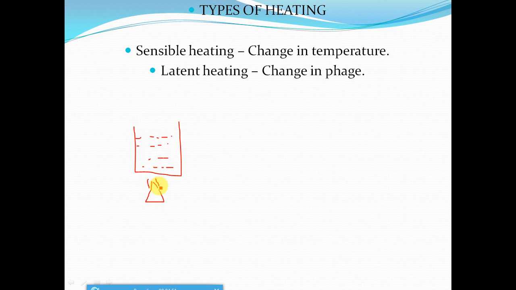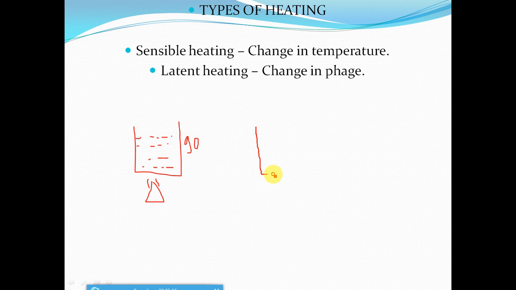Assume the water temperature is at room condition, around 25 to 30 degrees Celsius, and now I am heating. I am increasing its temperature to, let us assume, 90 degrees Celsius. We can say this is sensible heating, because we are only changing the temperature, not the phase. Change of phase means going from solid to liquid, or liquid to vapor. That's why it is called sensible heating.